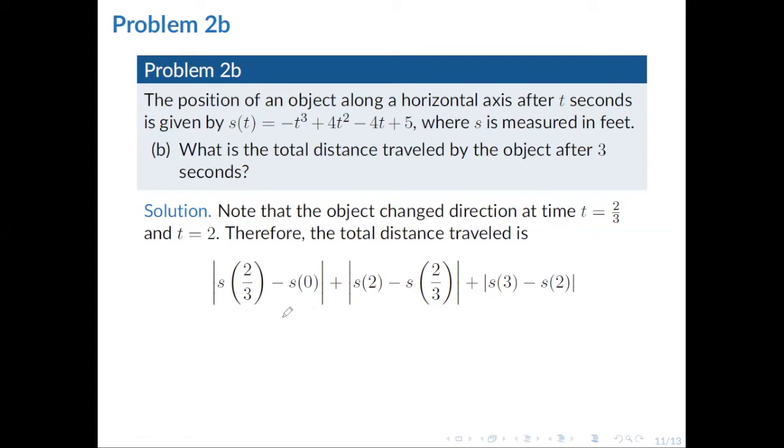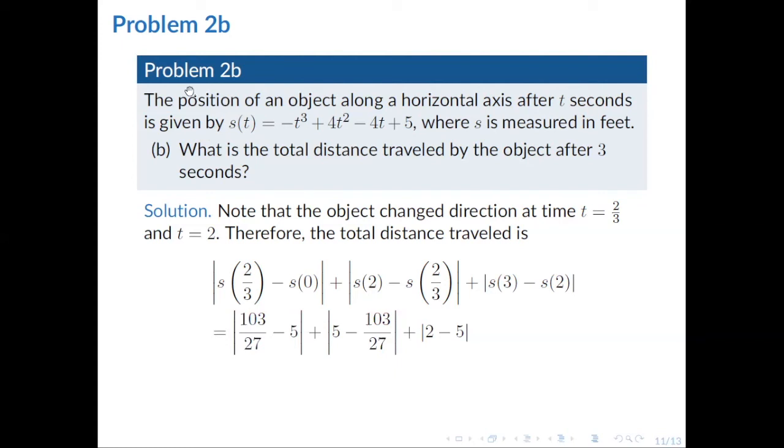We have the distance traveled from t equals 0 to t equals 2/3, then the distance from s of 2/3 to t equals 2, then from t equals 2 to t equals 3. This is the total distance.